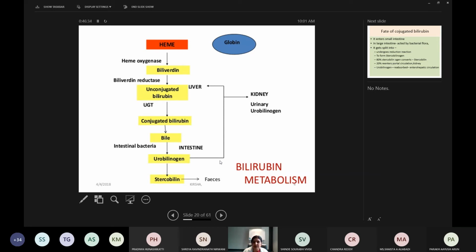Urobilinogen enters the kidney and is excreted as urinary urobilinogen, whereas stercobilinogen enters the fecal matter and is responsible for the color of the feces. These steps occur in the intestine. Only conjugation and synthesis of bile occur in the liver.